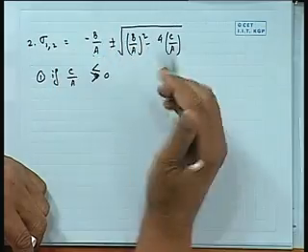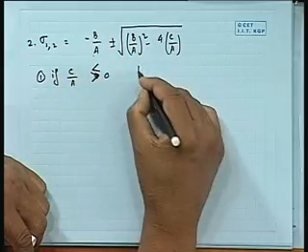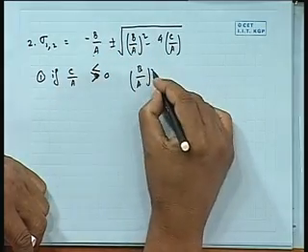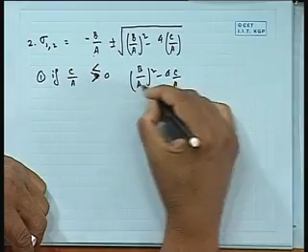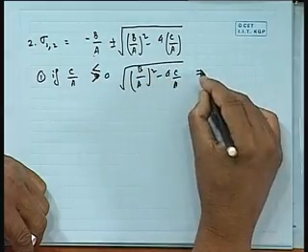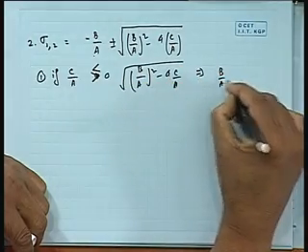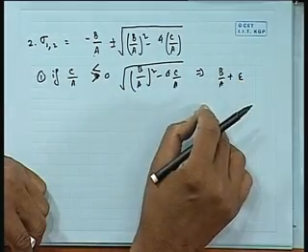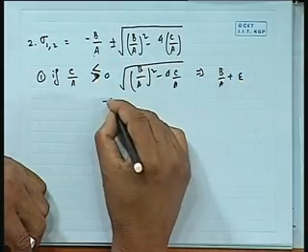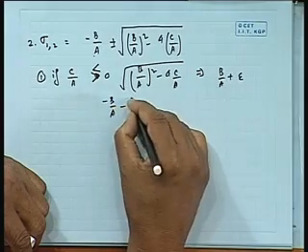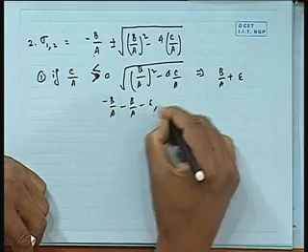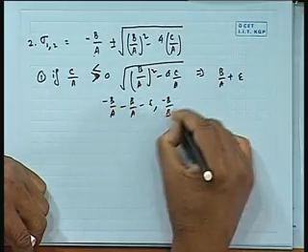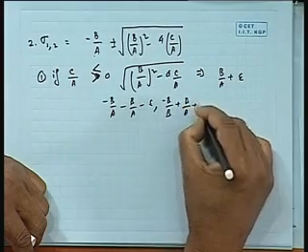So in this case I can write that the root over b by a square minus 4 c by a is b by a plus some epsilon, some small number. Obviously it will become more than b by a. Therefore the roots become minus b by a minus b by a minus epsilon, and minus b by a plus b by a plus epsilon.